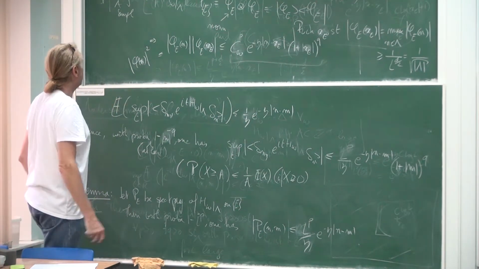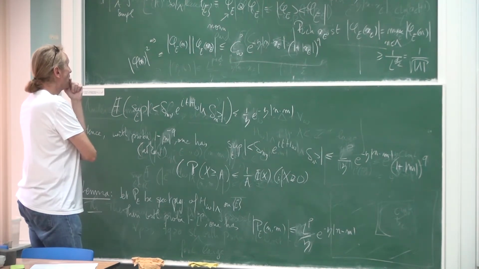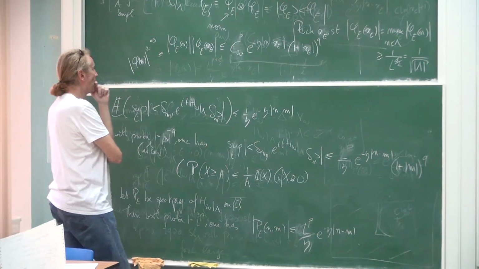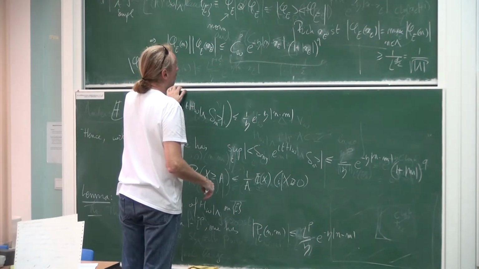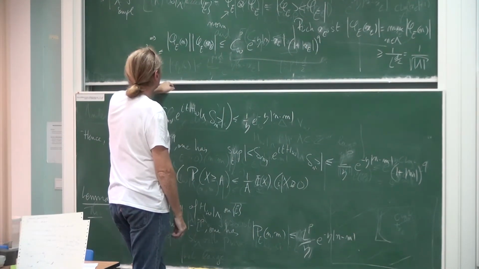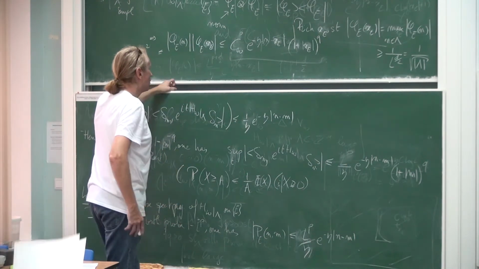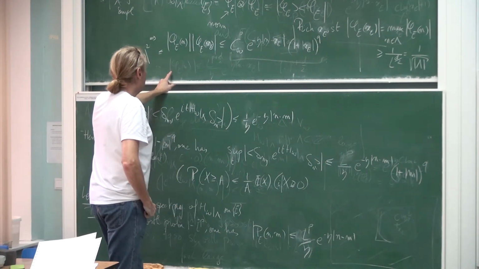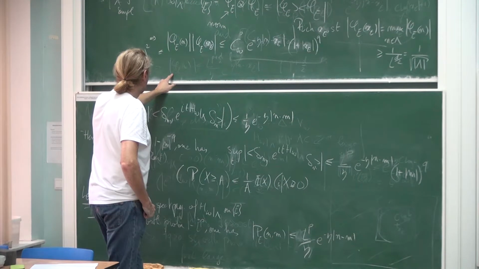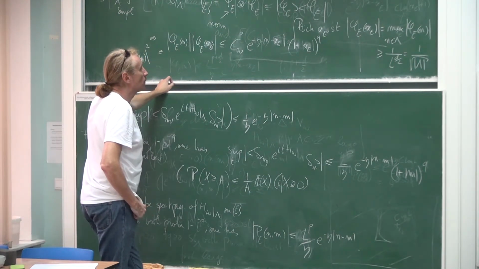So what do I want to use here? Maybe we should take the maximum of not phi of phi e, but phi multiplied by the same weight.